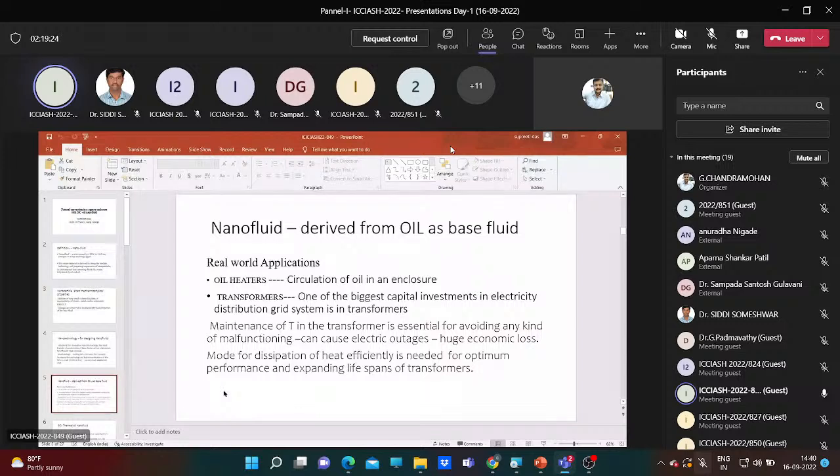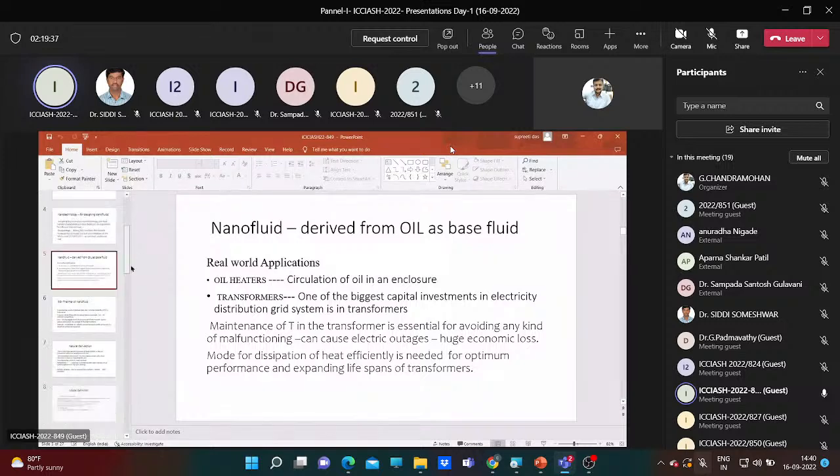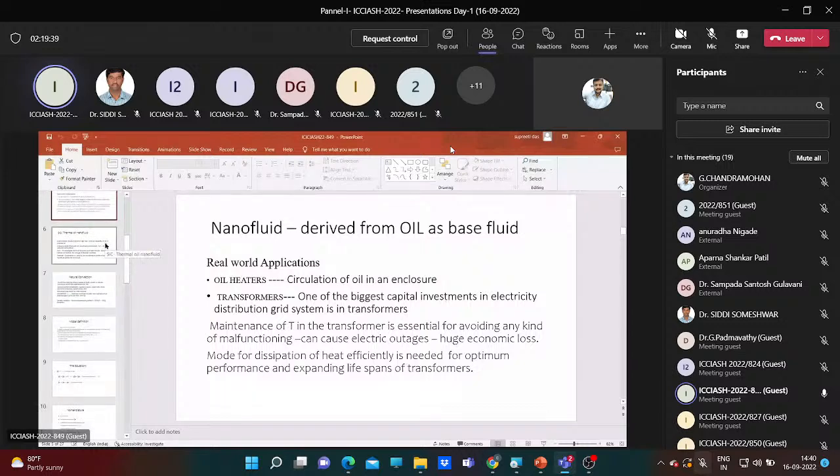Also in transformers. As we know, transformers are one of the biggest capital investments for distribution of electricity. That has oil. A lot of heat is generated, and for effective performance of the devices, and also for expanding the lifespan, I need to have an effective way of removing the heat. So that is what we are doing over here.